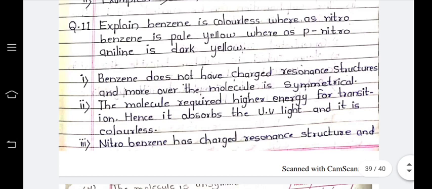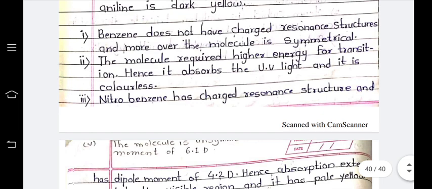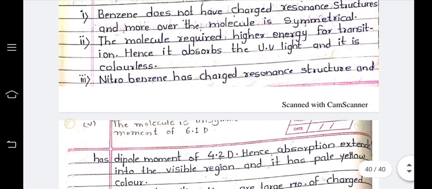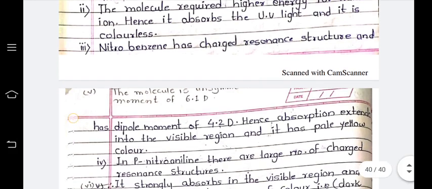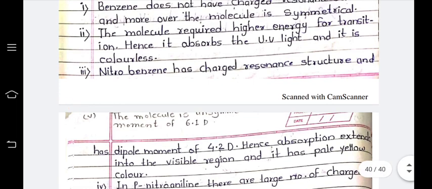Explain why benzene is colorless, whereas nitrobenzene is pale yellow, whereas para-nitroaniline is dark yellow. Benzene does not have a charge resonance structure, and moreover the molecule is symmetrical. The molecule requires higher energy for transition, hence it absorbs in the UV and is colorless.